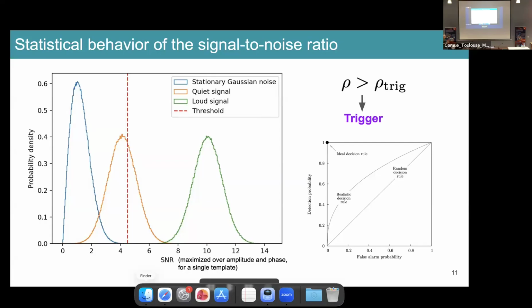So basically, we are done according to the ideas in the first slide. We set a threshold at some SNR, and if the SNR passes beyond this threshold, then we reject the null hypothesis and we have our detection method. Of course, we will make mistakes sometimes, especially if the signal is very quiet. We risk missing it.